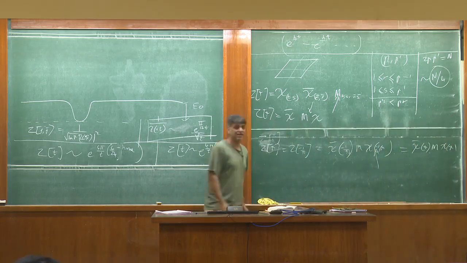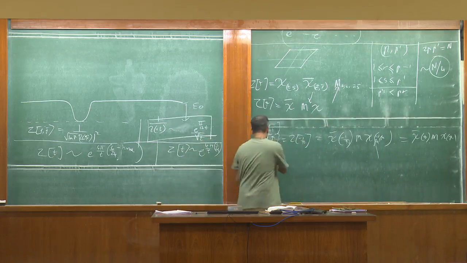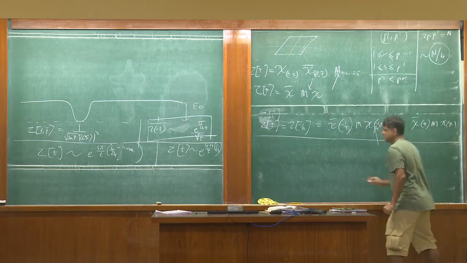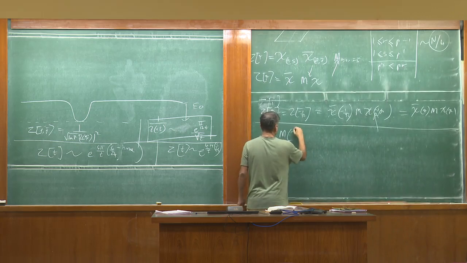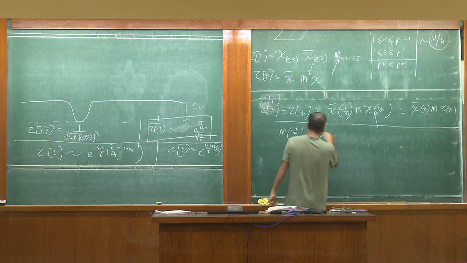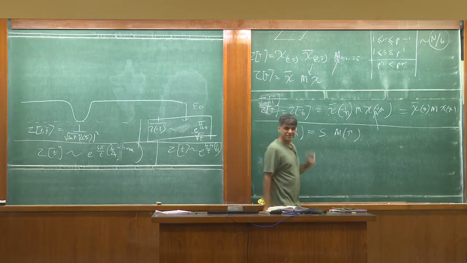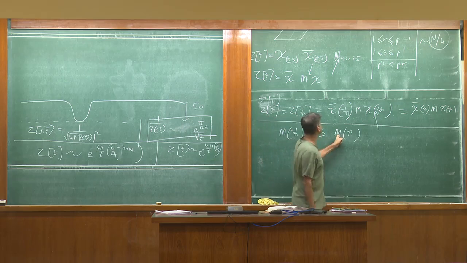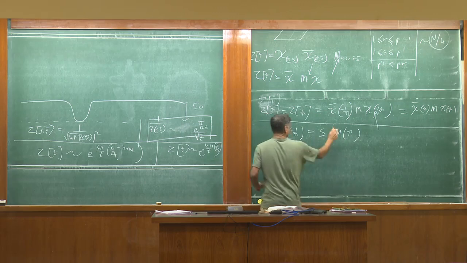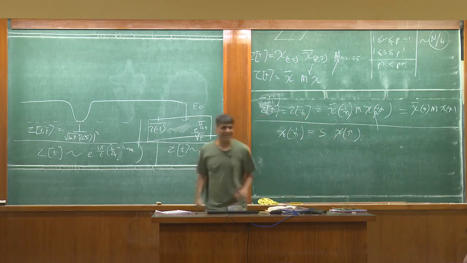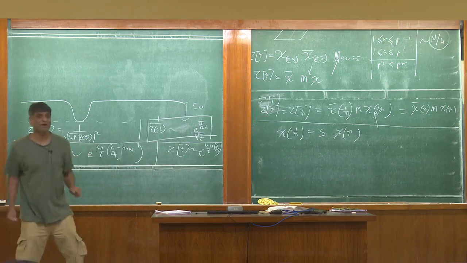People in conformal field theory very confusingly use this terminology. Let me say what it is in the map. You say, well, let's write the equation: chi of minus 1 by tau is equal to S times chi of tau.